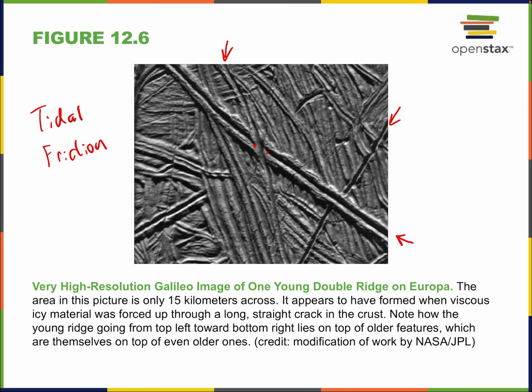There's a difference in gravitational pull between different halves of the moon, different depths of the moon due to the moon's own rotation about its axis, and thus that creates tidal friction.